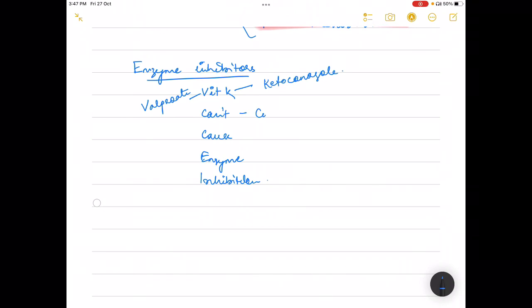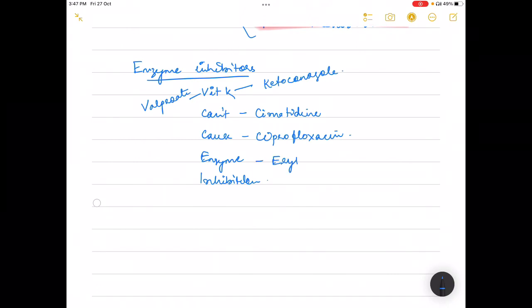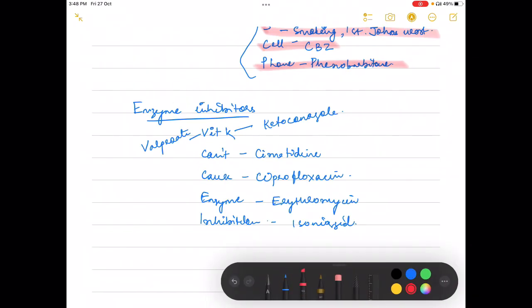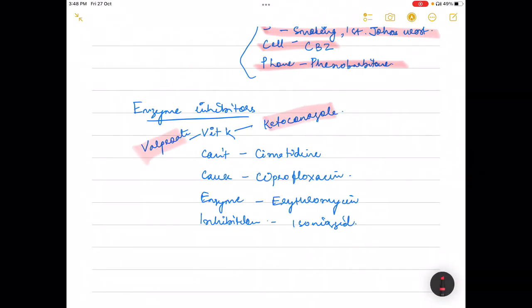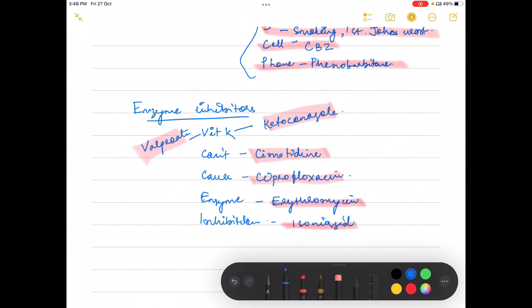C for cimetidine. Another C for ciprofloxacin. E for erythromycin and I for isoniazid. Okay. So enzyme inhibitors are valproate, ketoconazole, cimetidine, ciprofloxacin, erythromycin, isoniazid.